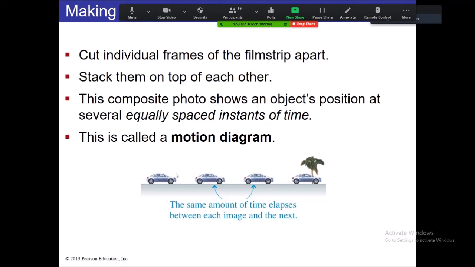And if this car is moving at a constant speed, then we can see that the positions of the cars are separated by equal intervals of distance. It's because we chose equal intervals of time. So this is an example of that. And by looking at this picture, you automatically can tell what's going on with the car. The car is moving at a constant speed.